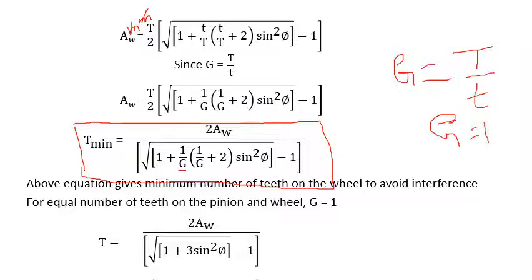In place of G, if we substitute 1, the equation becomes like this. Call this equation number 2. Sometimes in a numerical problem, they ask to find the minimum number of teeth on the wheel, then we have to use this equation. Sometimes they give the condition that both pinion and wheel have the same number of teeth, then we have to use equation number 2.